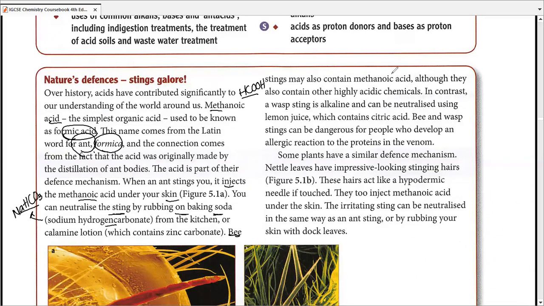These things also contain methanoic acid, right? They also contain other highly acidic chemicals. In contrast, the wasp sting is alkaline. Now you can neutralize that alkaline sting with lemon juice, maybe with tomato juice, maybe with apple juice, which contain citric acid.